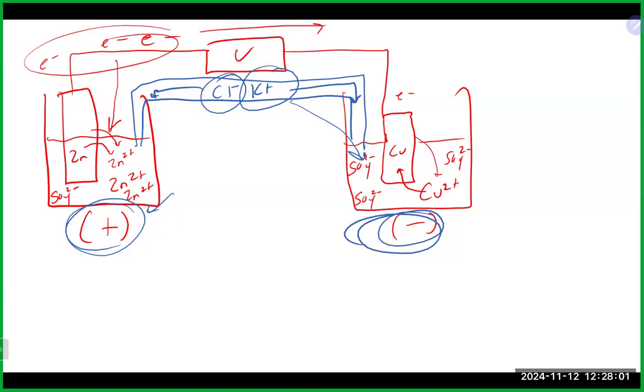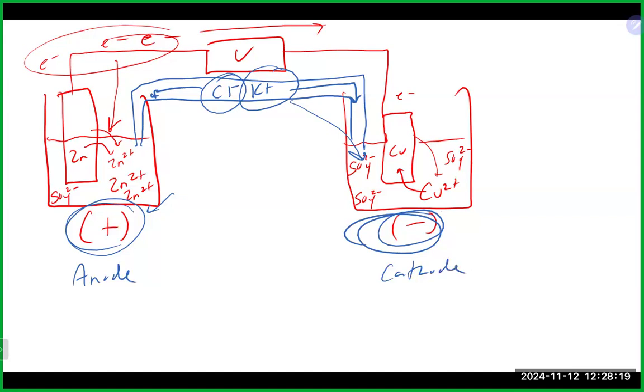What that's going to do is keep the right sort of difference in charge that will allow the electrons to continuously go from the anode to the cathode. So the salt bridge has a really important function for this galvanic cell to work correctly.